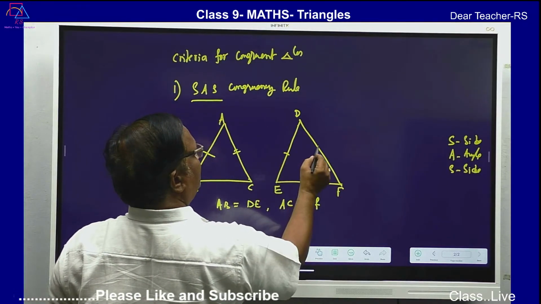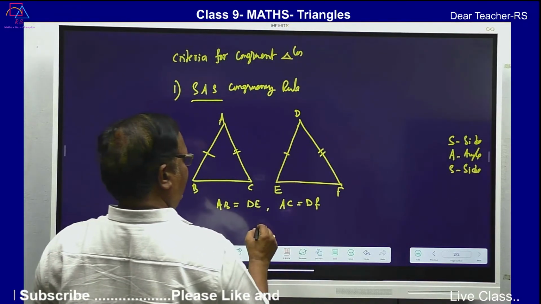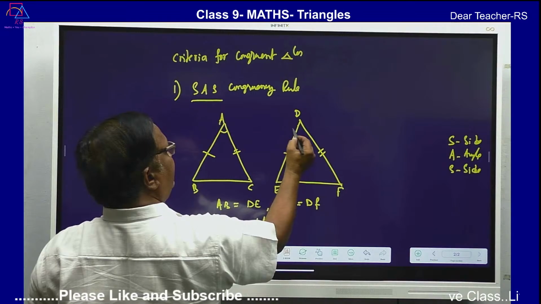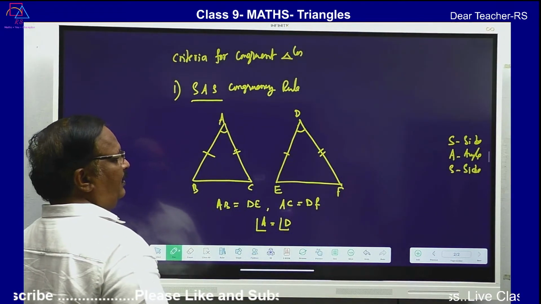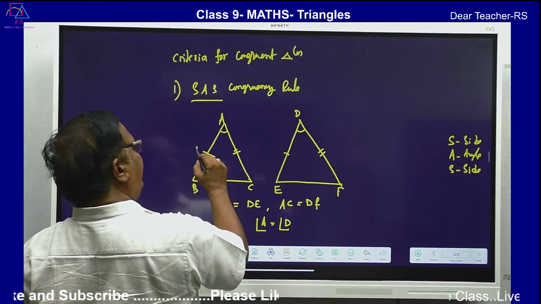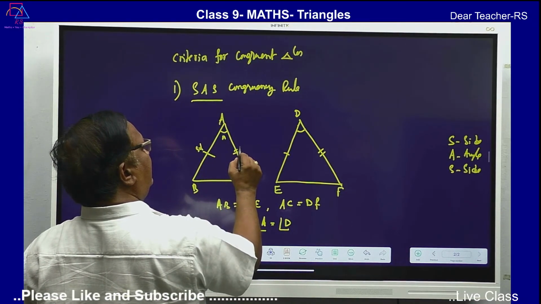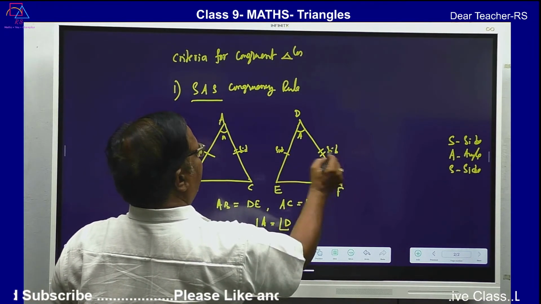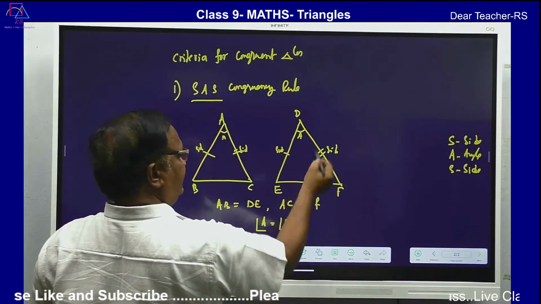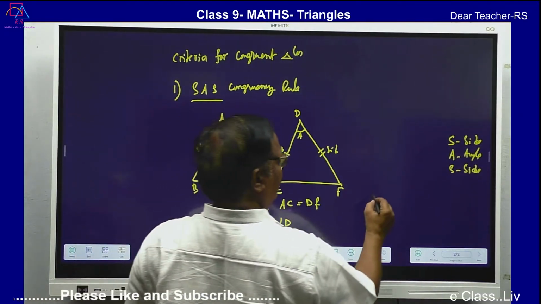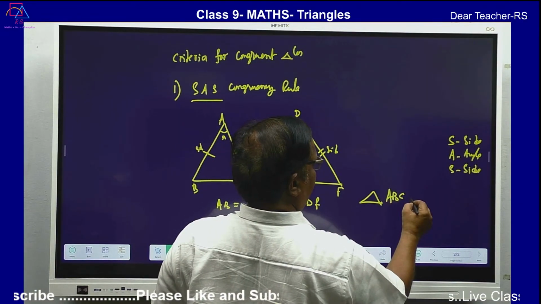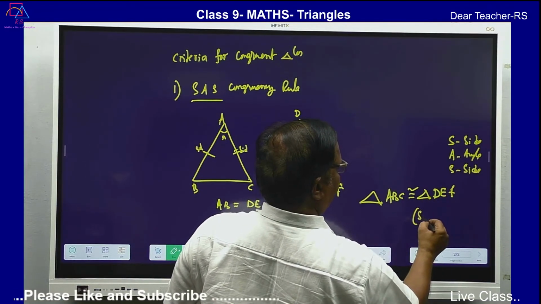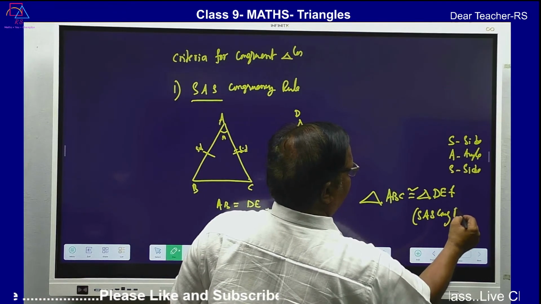That means these 2 sides are equal, and angle A is equal to angle D. That means these 2 angles are equal. So here side, angle, side, and here side, angle, side. So SAS and SAS. These 2 triangles are congruent. Triangle ABC is congruent to triangle DEF by the SAS congruency rule.